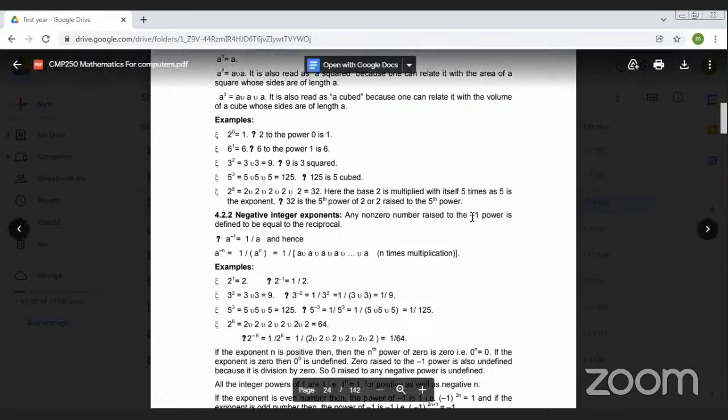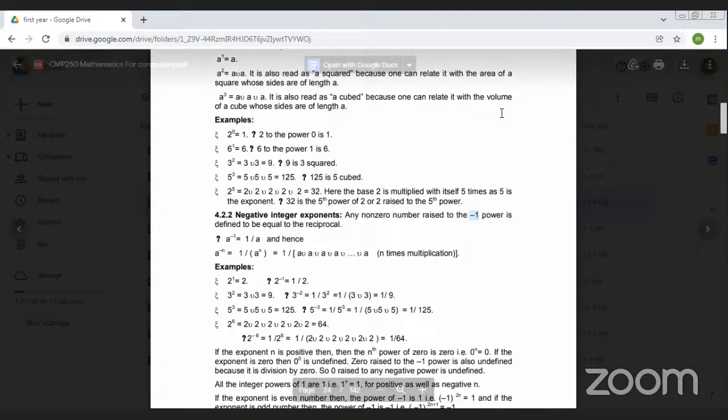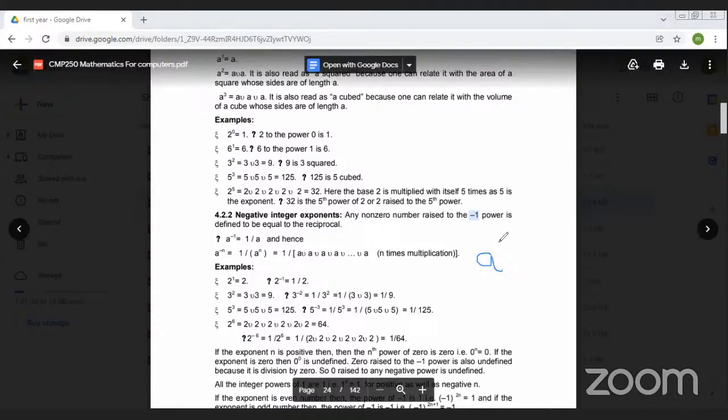After this, negative integer exponents. These are the ones which start with a minus power. Let's say a raised to minus 1 is there. It is represented in the form 1 upon a, because this term goes to the denominator, and it becomes a raised to 1, but since it is 1, we don't write it.